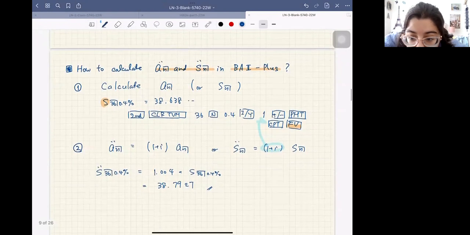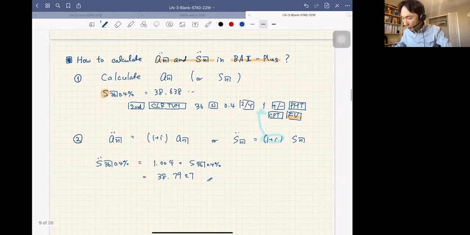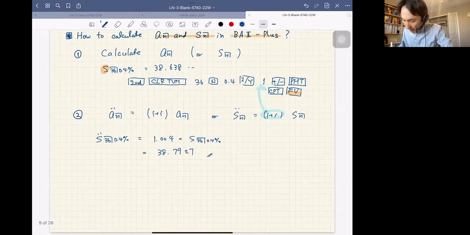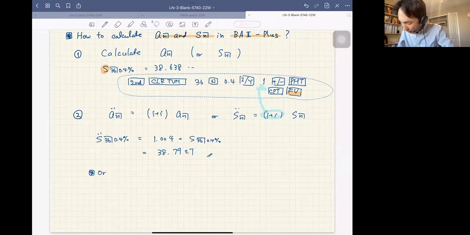Would you replace the 1 by 1 plus i? If you replace 1 by 1 plus i, yes, so basically you have to do just the same thing.